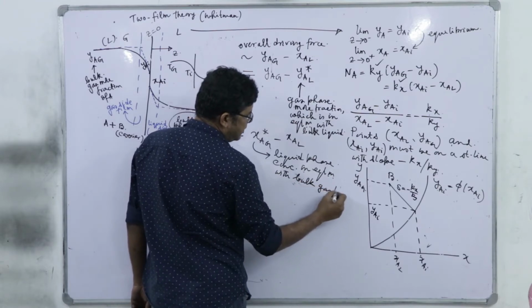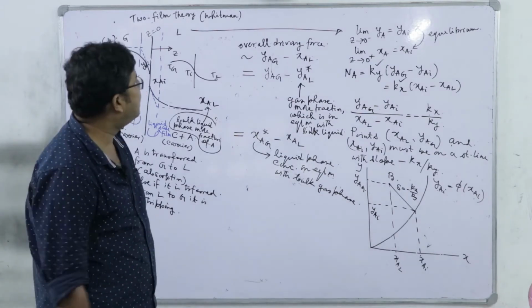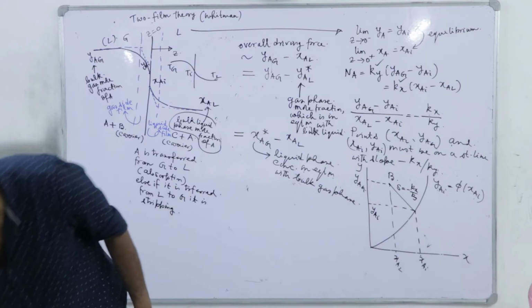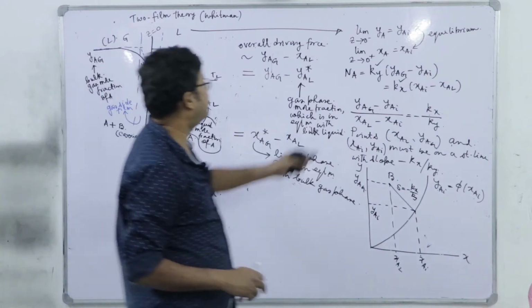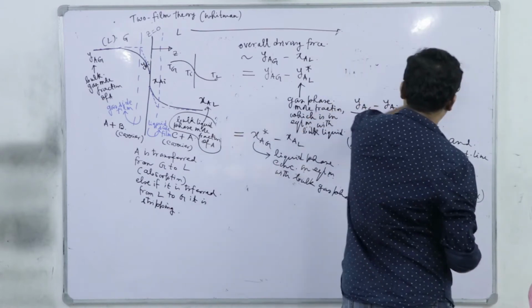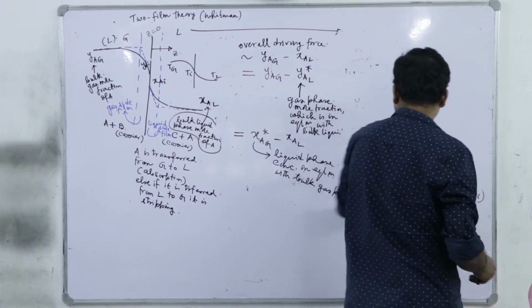So, we have to change the basis, and accordingly there are two different types of overall mass transfer coefficient: the overall mass transfer coefficient based on the gas phase and the overall mass transfer coefficient based on the liquid phase. So, how can we write that?